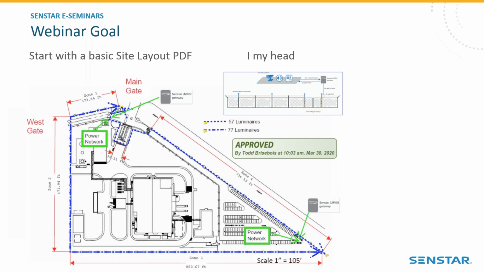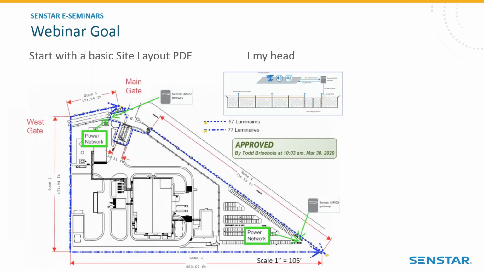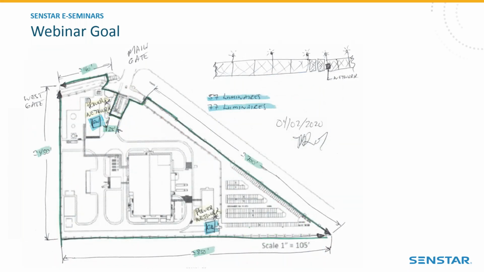But after I get a fresh printout and start marking it up with my pencil and paper at my desk, I'm certain the accuracy is a little bit lost, and it certainly doesn't look as good and professional as it did in my head. This presentation is going to help us get to something a little bit more professional, such as this, instead of what we can all do at our desk with our pencils and pens.